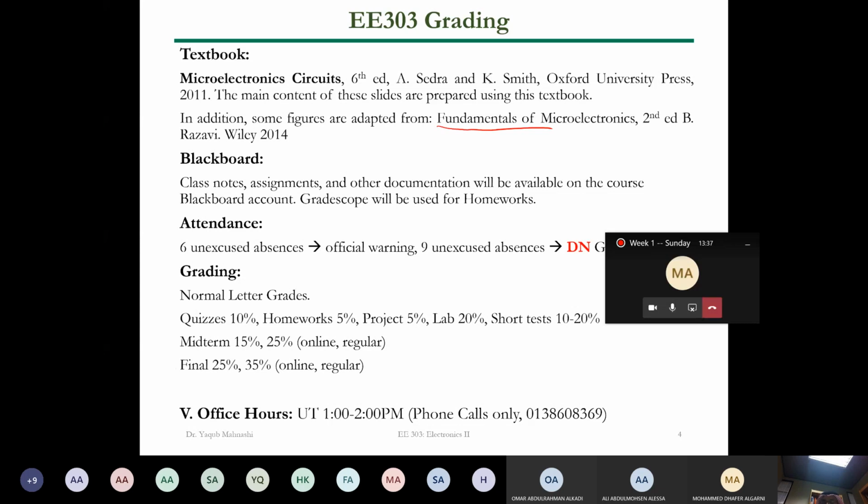For the course, we'll use Blackboard for class notes, assignments, and any other documentation. Any document will be shared and distributed using Blackboard. But for our classes, we'll use Microsoft Teams because it is very smooth. So we'll do our virtual classes in Microsoft Teams, as we are doing right now.